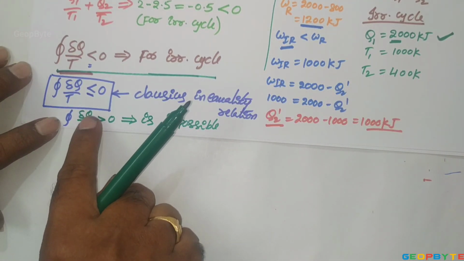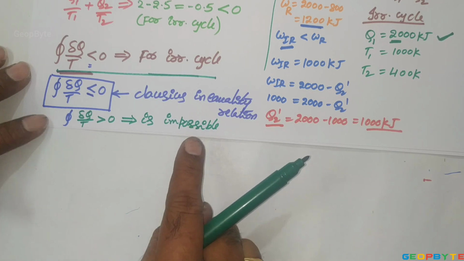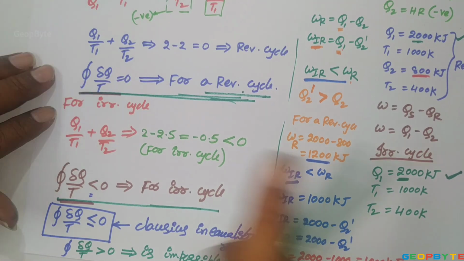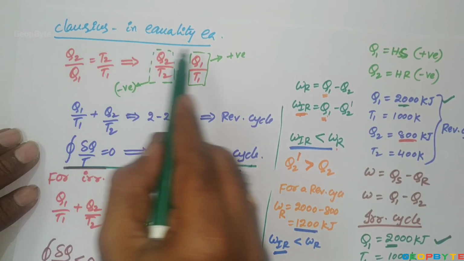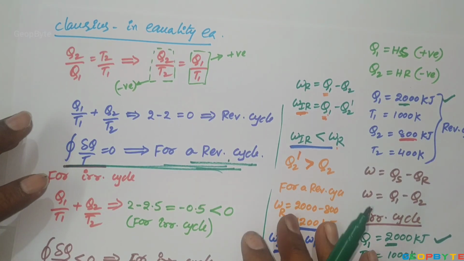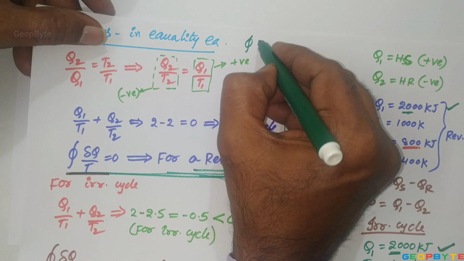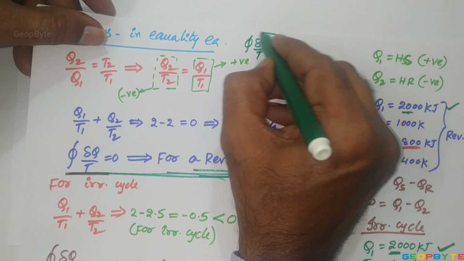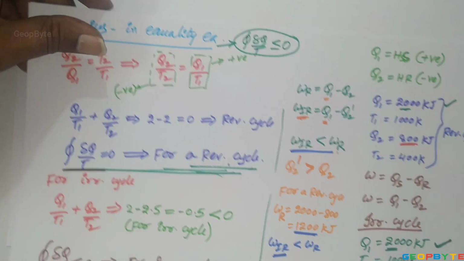And cyclic integral del Q by T greater than 0 is impossible. That is about the Clausius inequality equation. The Clausius inequality equation is cyclic integral del Q by T less than or equal to 0.